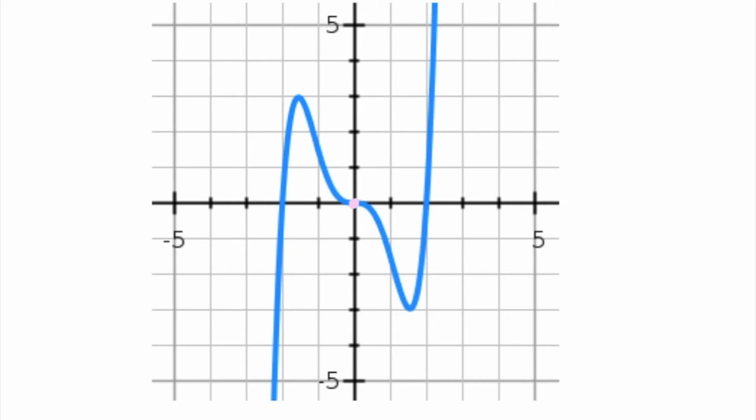And if when you spin the paper 180 degrees, the portion of the graph that was here ends up down there, and the portion of the graph that was down here ends up here, and same with the other pieces of the graph, then it has what we call rotational symmetry, which means you can rotate the graph and it appears the same, or it has the same shape in the same place.